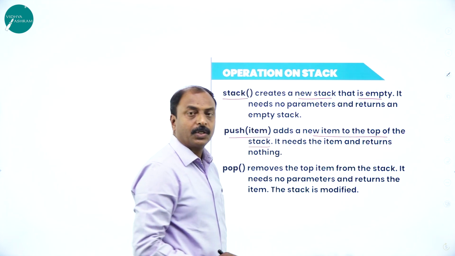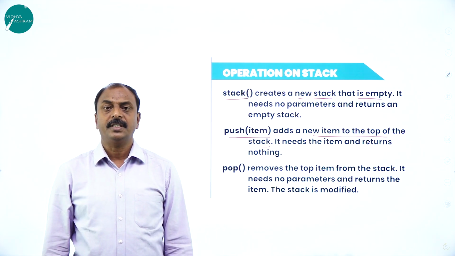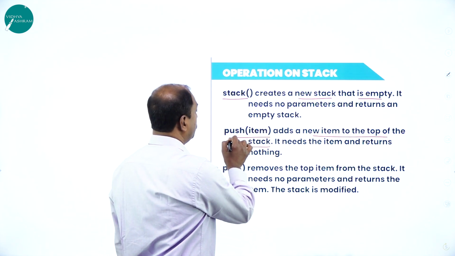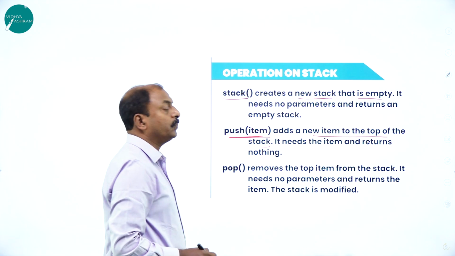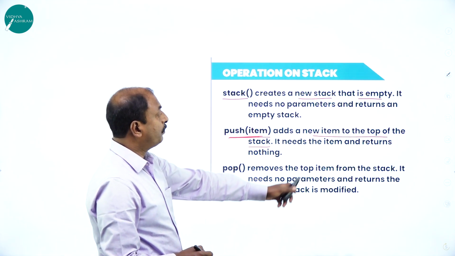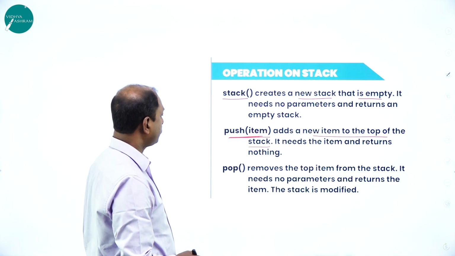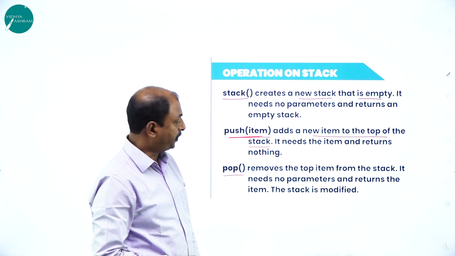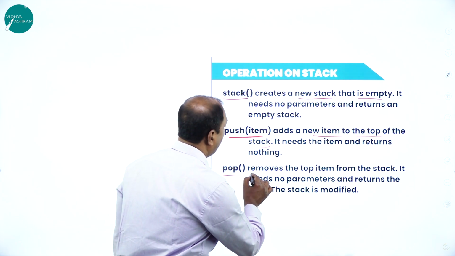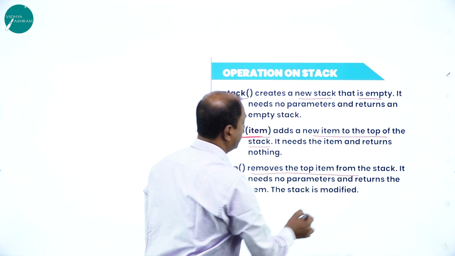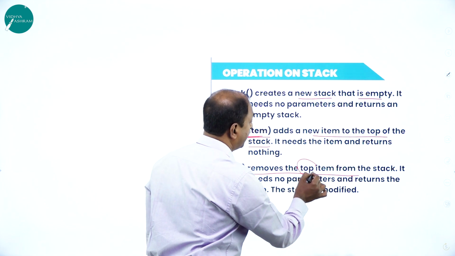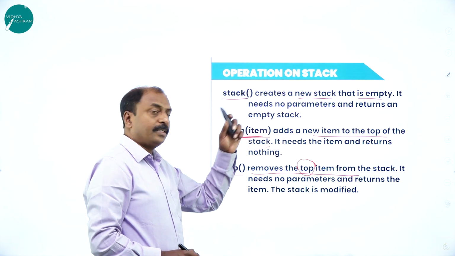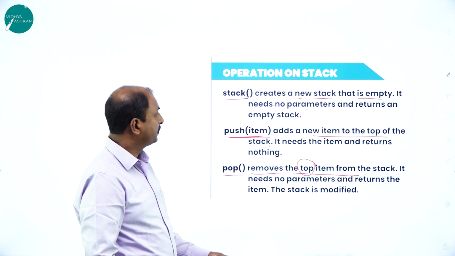We know that top is a pointer where we can insert a new element into a stack. Similarly, pop is an operation that removes the top item from the stack, or removes the item at the pointer top. So this is for deletion and this is for insertion.